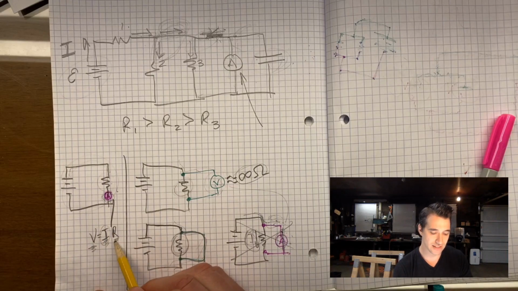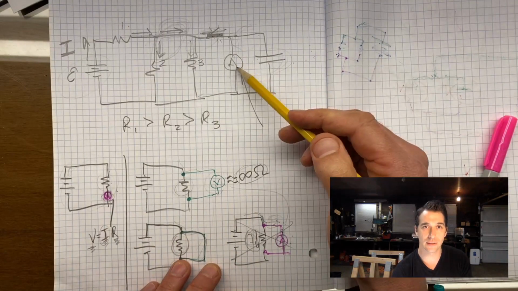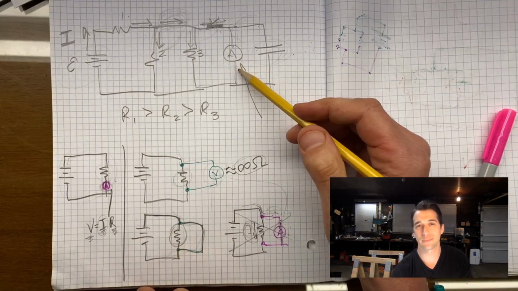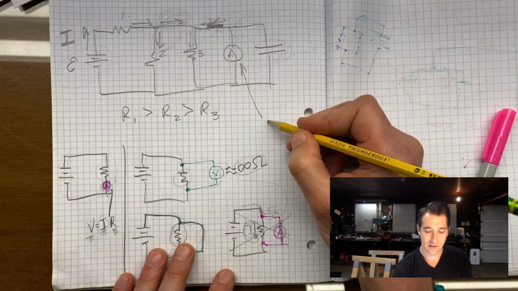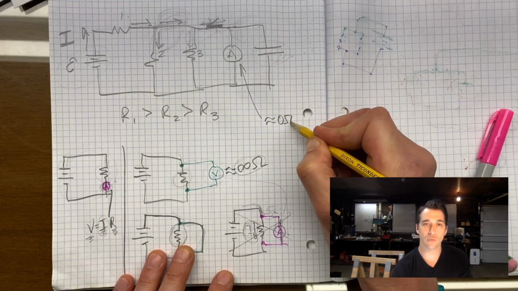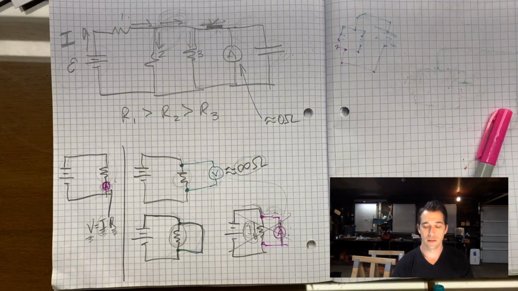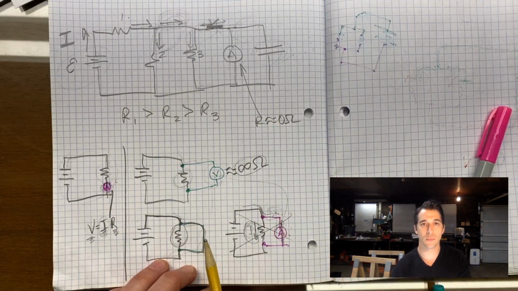That means our resistance has to be really small. And what I was trying to point to before is that ammeters have approximately no resistance. R is approximately 0 ohms.